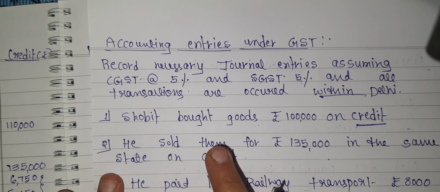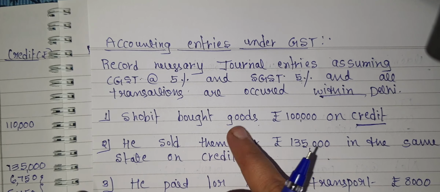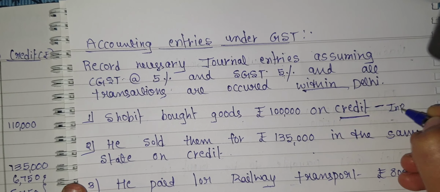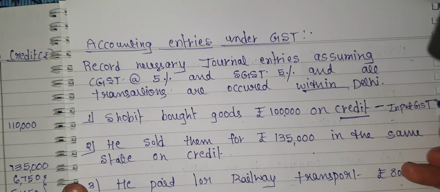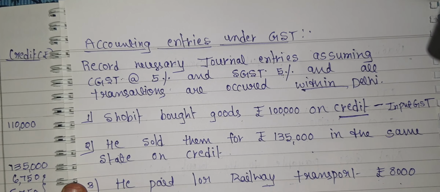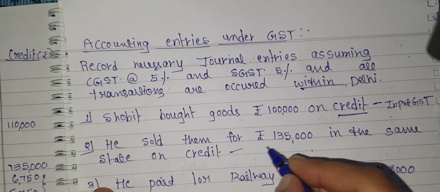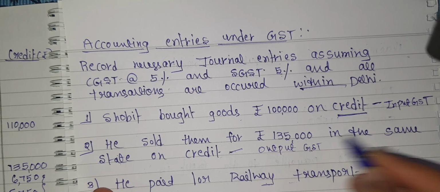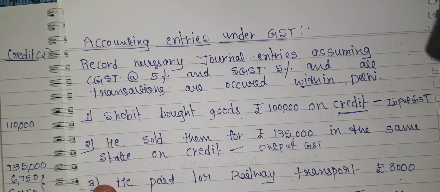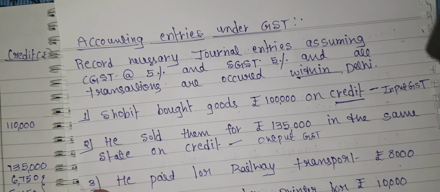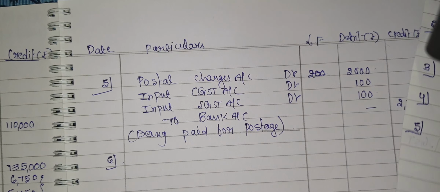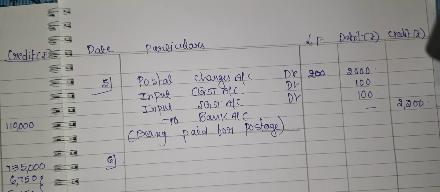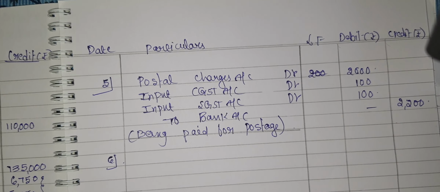Okay. See, input GST means tax paid on purchases. And output GST means tax collected from the customers on sales. So now, first we will calculate the total input GST.